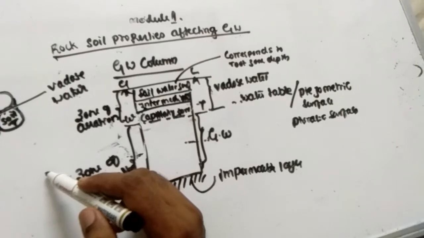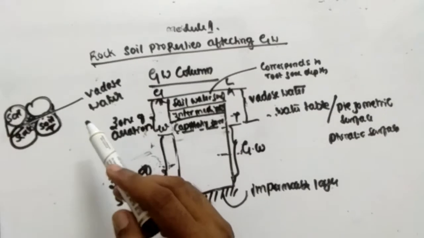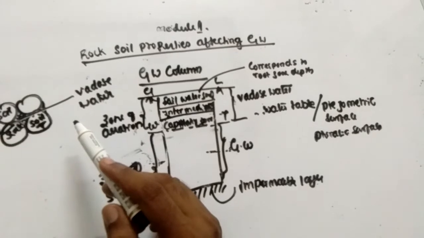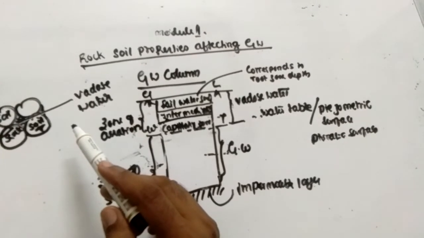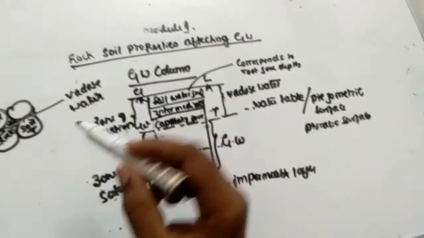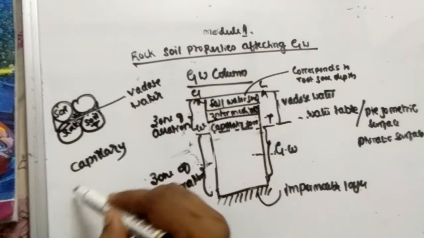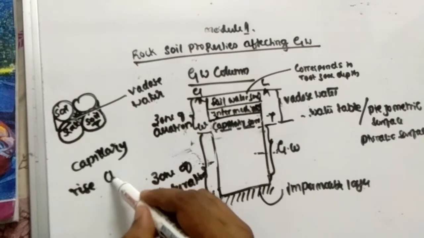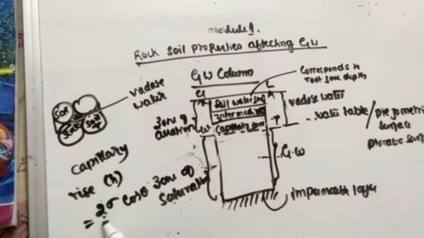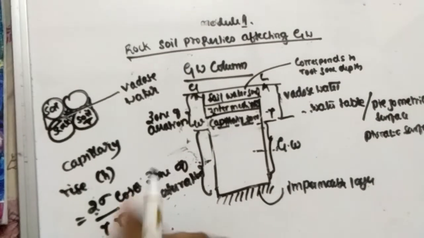Coming to the capillary zone, obviously the height of the capillary zone depends upon the capillary rise h, given by h = 2 sigma cos theta divided by r gamma.